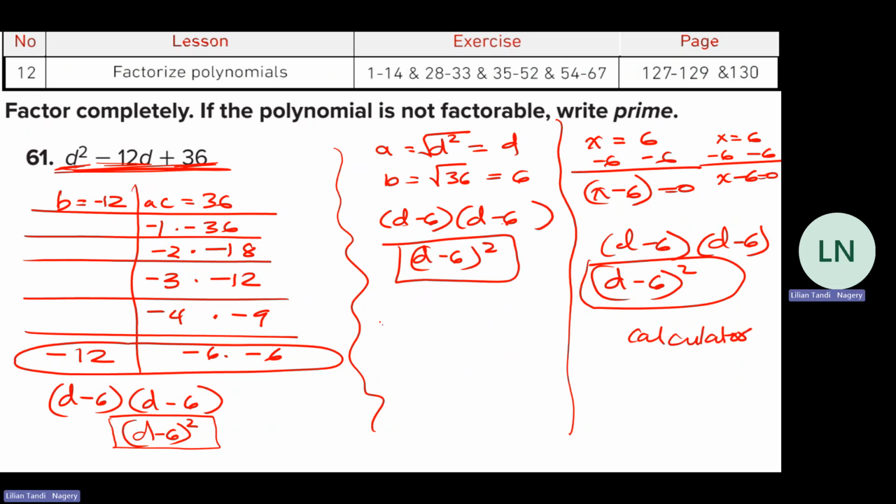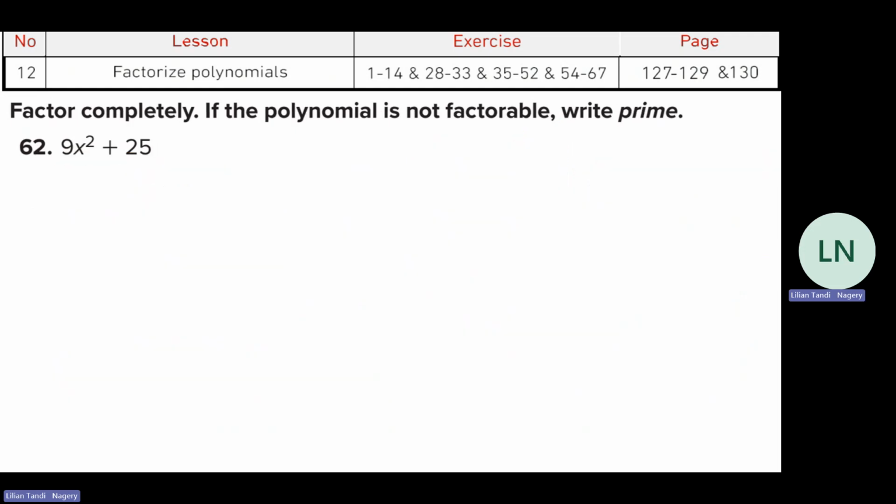Here you're using the rule A minus B squared means A squared minus 2AB plus B squared. That's the rule you're using here. Here you're using the table. So either one will give you the same answer.